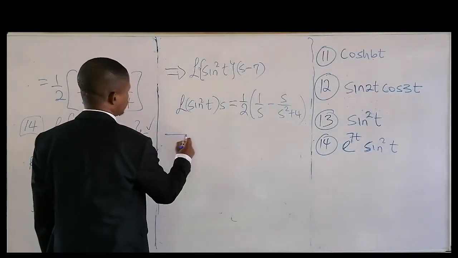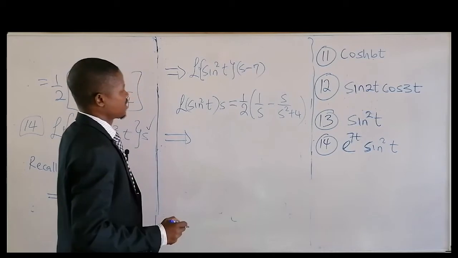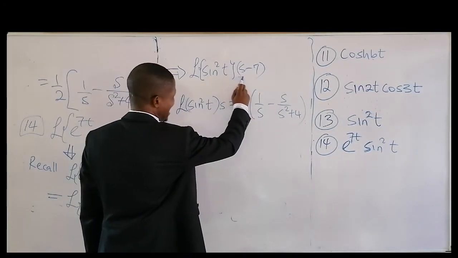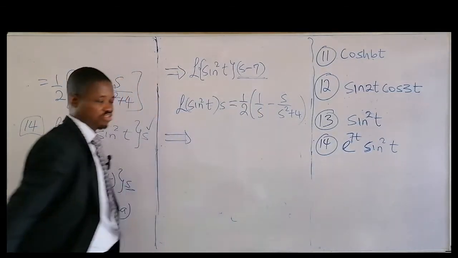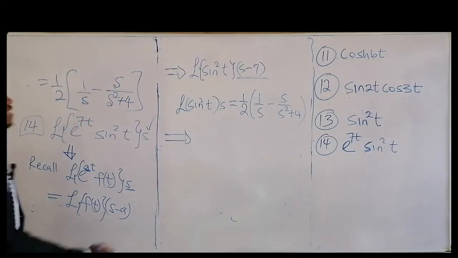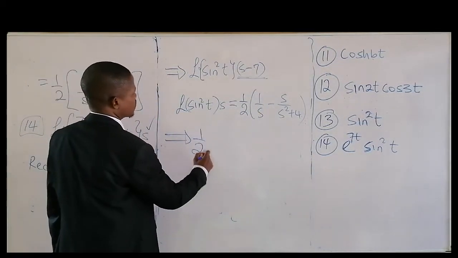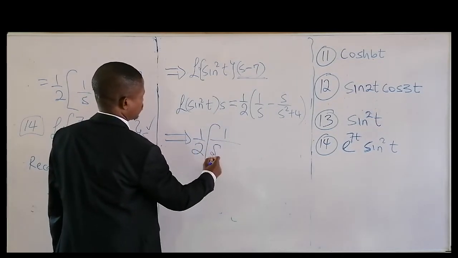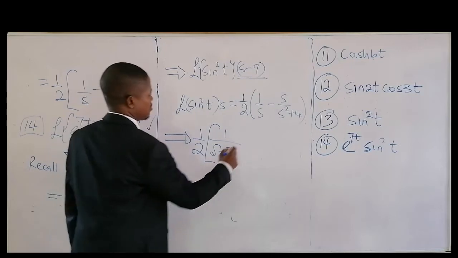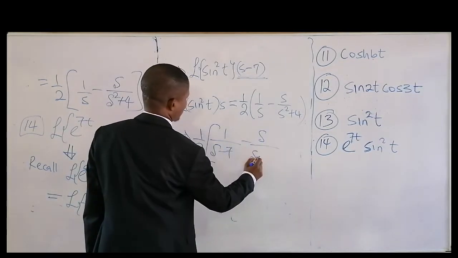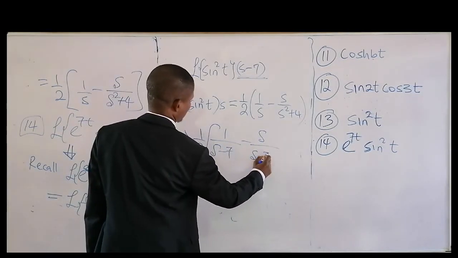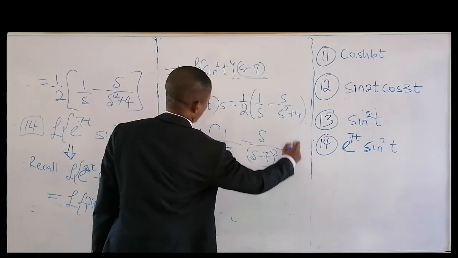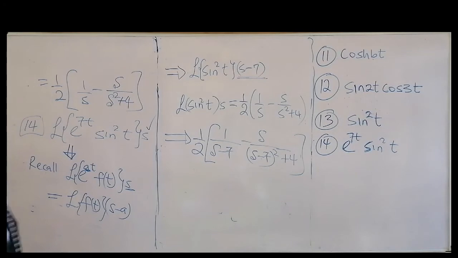So the final conclusion is very straightforward. Anywhere you see your s, it will be replaced by s minus 7. So your final answer will be 1 over 2 into brackets 1 over s minus 7 minus s minus 7 over (s minus 7) squared plus 4. So that is just that.